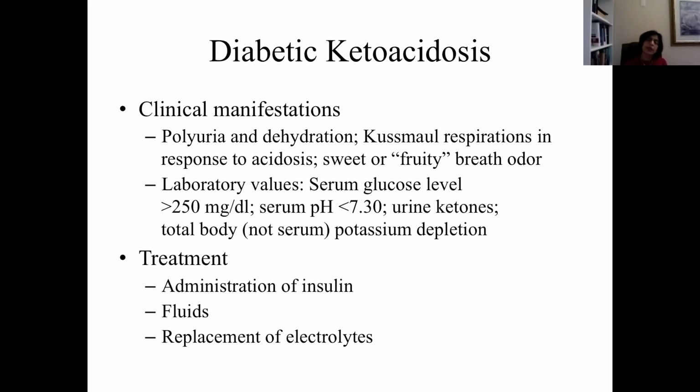Now there is no insulin, so potassium is leaving and is being lost. So that would be another major complication. It has to be treated as quickly as possible, and the patient must be treated with insulin right away. And because of dehydration, you have to work on the fluids and the electrolytes.